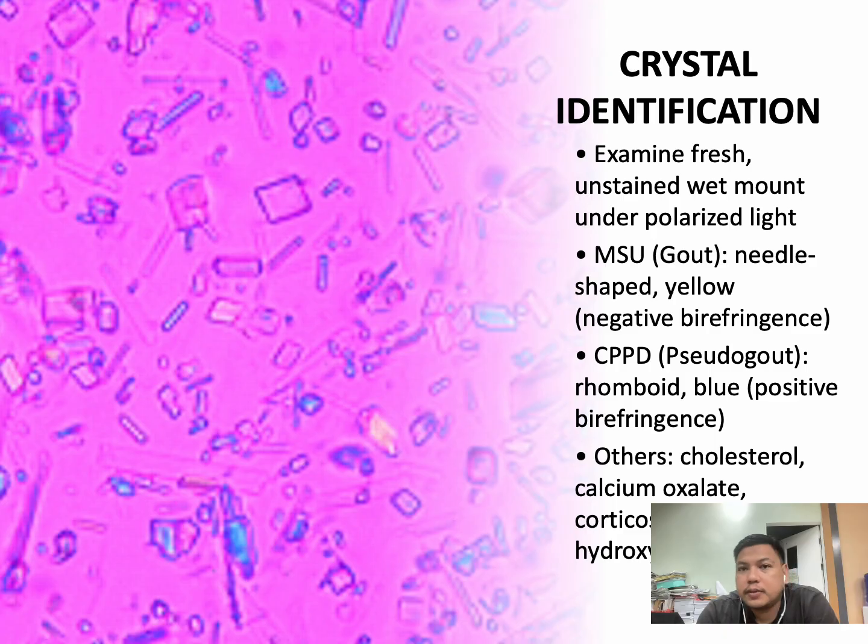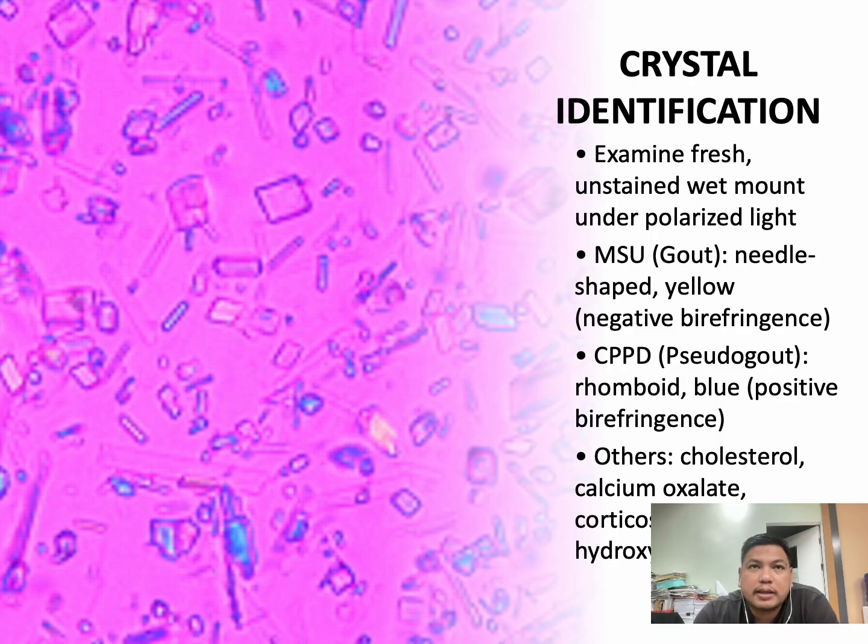Now we are on crystal identification, one of the tests performed with synovial fluid, because some of these crystals may accumulate in the joints of patients and cause gout. We can examine our synovial fluid in a fresh sample and stained wet mount under polarized light microscopy.